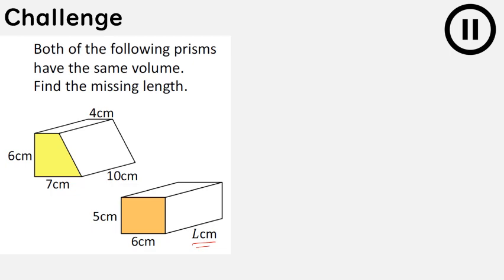I know that the volume of, let's call this one shape A, has got to be the same as volume of shape B. So let's bear that in mind. Okay. Well, I know I've got to find the volume of each of them, so I'm going to do that separately. So let's do the volume of this one first. Volume of a cuboid we looked at last time, but we can also use the formula cross-sectional area times the length.